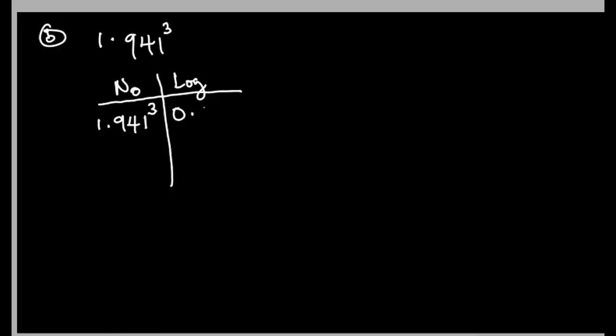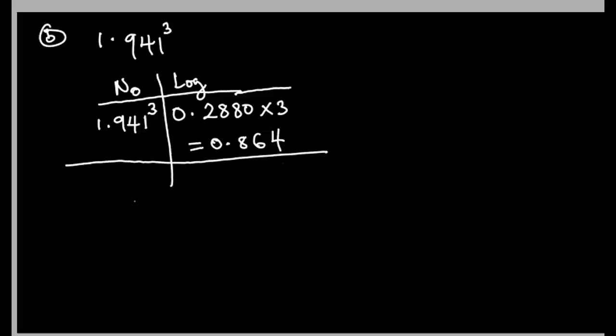So here we have 2880. And you could notice that we have a power of 3 here. So for powers, multiply by 3, and using the calculator you get the actual value, 0.864.